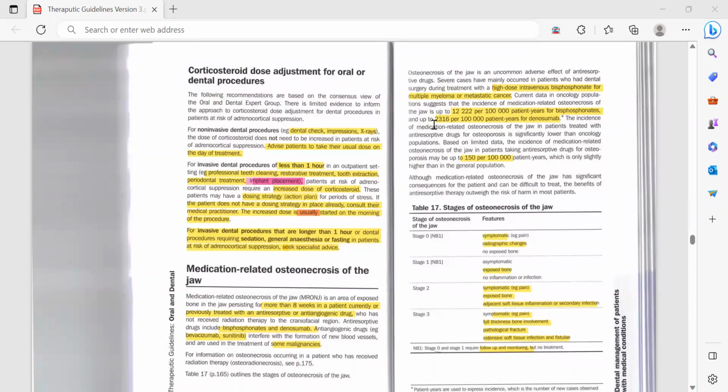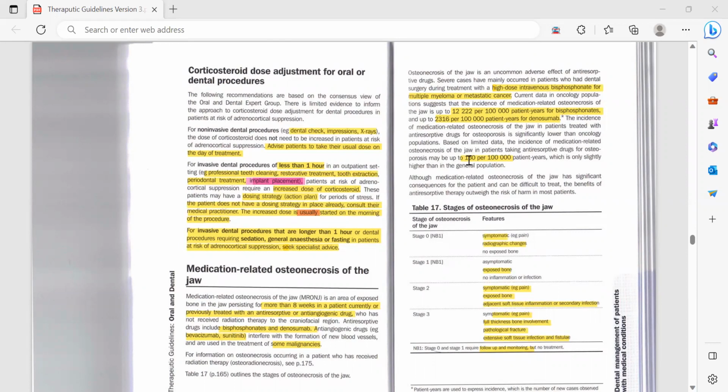For denosumab it is 2,316 cases, and for osteoporosis, if the patient is taking their drug, then the incidence is 150, I'm sorry. So based on the limited data, the incidence of medication-related osteonecrosis of the jaw in patients taking anti-resorptive drugs for osteoporosis, yeah, that's right.